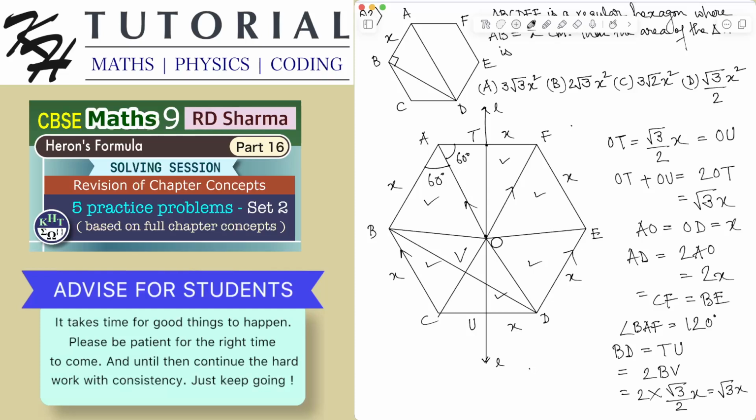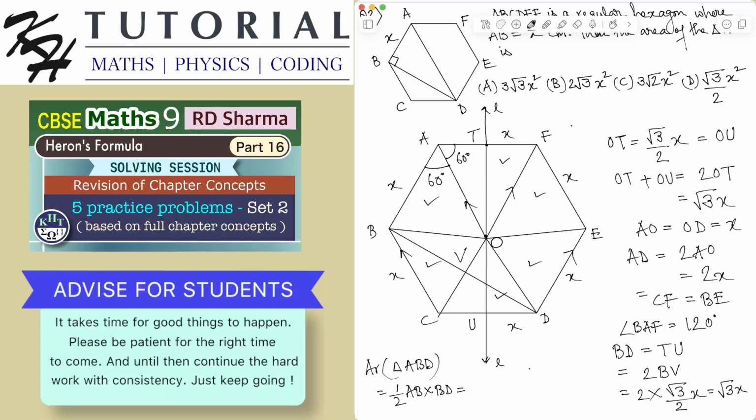So we know BD is square root of 3 into x. Now we know x, we know AB. So obviously the area of the triangle ABD, once we prove that it is a right angled triangle, right angled at B, will be half AB multiplied by BD.